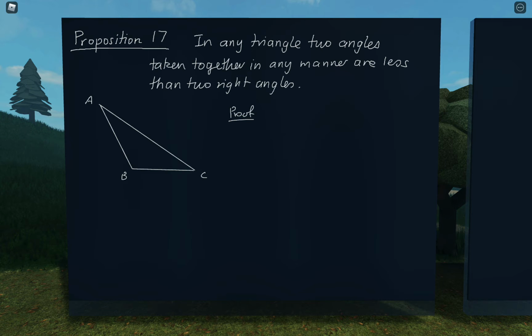What we're going to prove is that the angles ABC, BCA taken together are less than two right angles.